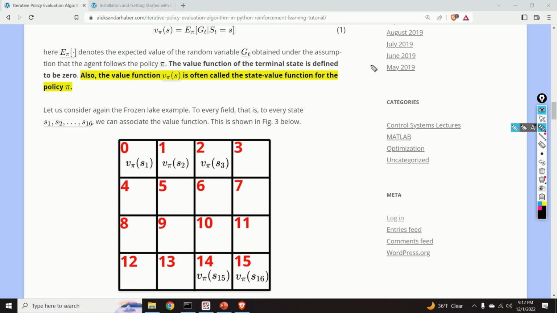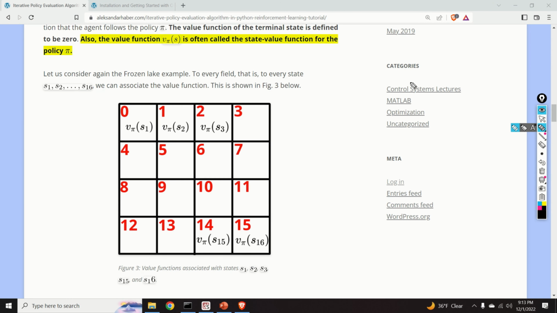So what are the terminal states? Going back to our example, that is to our frozen lake, the terminal states are the states that terminate the game, and these states are obviously the holes and the final or the goal state.